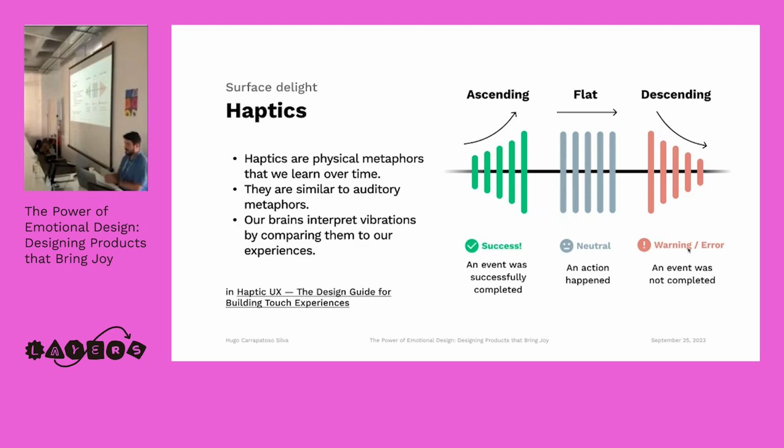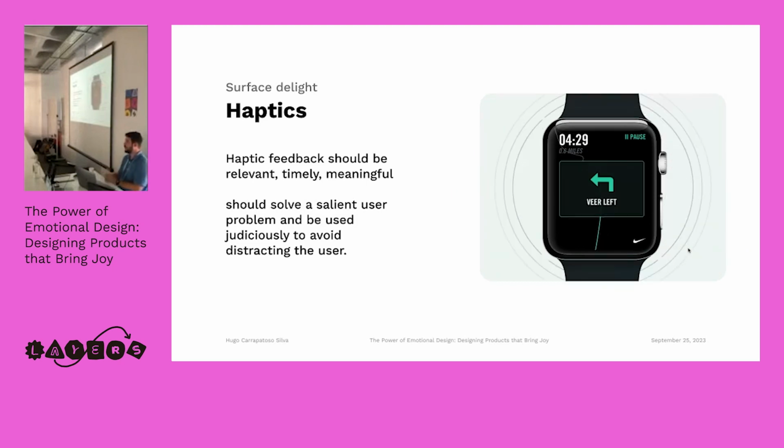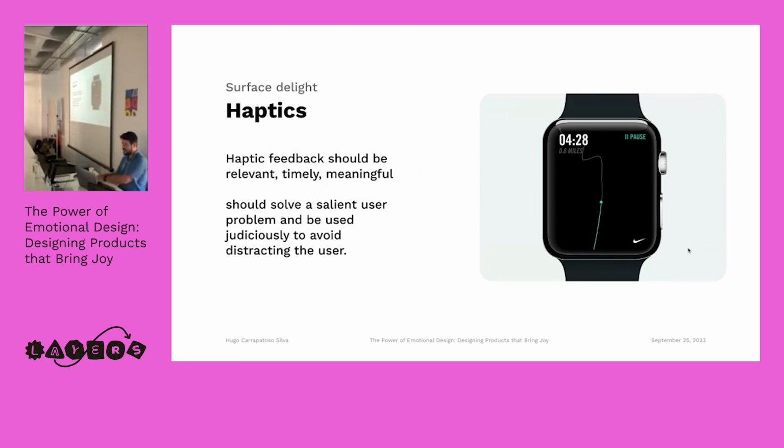So it's simple in terms of users' feedbacks, and it's easy to understand. And you can also, and this is an example of it, use this kind of feedback to guide the user if you want to go left or right. So it's another way to give users feedback. It's not visual, but really can makes a difference.